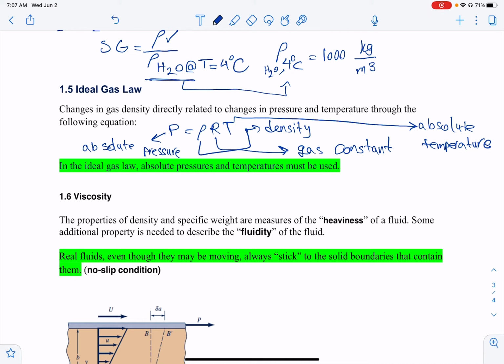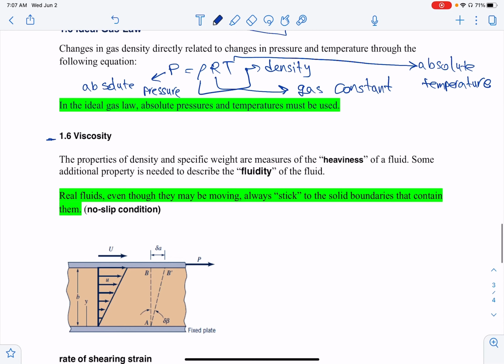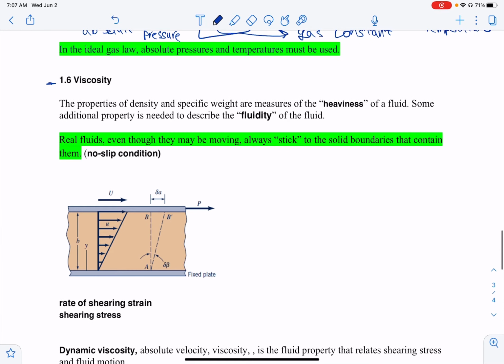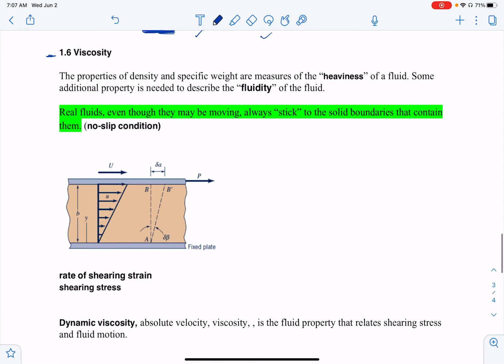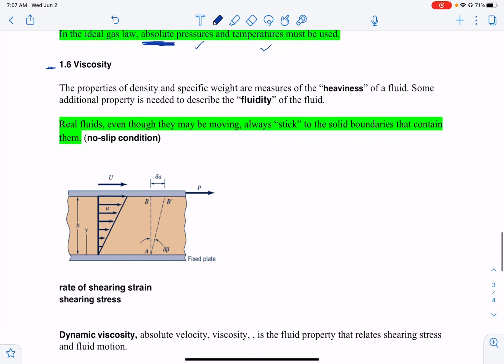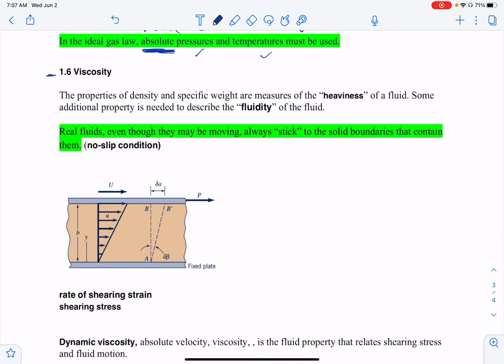Let's go to viscosity, which is one of the most important things in this chapter. And remember that when we are talking about ideal gas, we need to use the absolute pressure and temperature. So, what is viscosity?